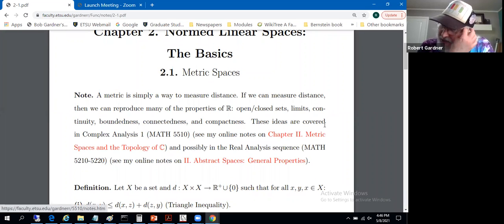In fact, the ideas covered in this section are covered much more thoroughly in the Complex Analysis 1 class. That's sort of where, at ETSU, the material on metric spaces is primarily covered. You might find some reference to this as well in the real analysis sequence, though here the emphasis on metric spaces really appears in the complex setting.